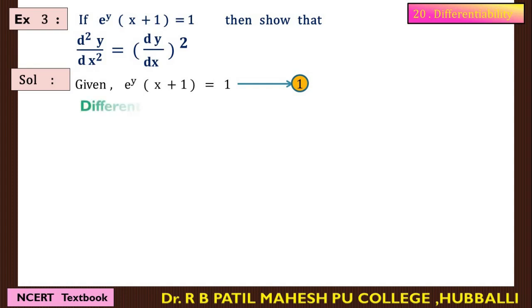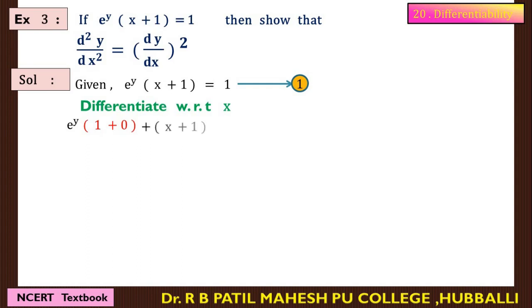So differentiate directly with respect to x. We get, here we have to use the product rule. So keep one function as it is, e raised to y, and the derivative of x plus 1 is 1 plus 0. The derivative of x is 1, and 1 is a constant, so it is 0.